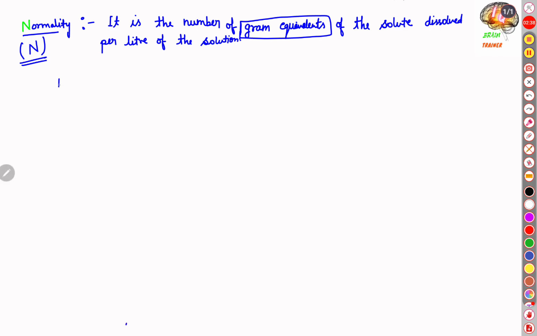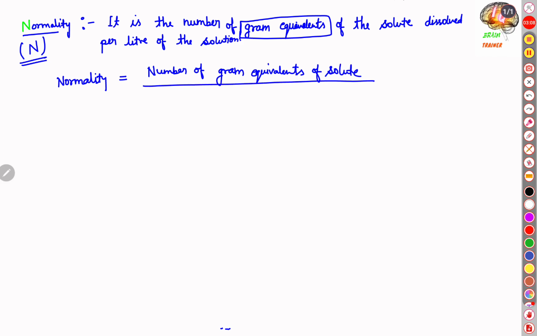Normality is equal to number of gram equivalents of solute by volume of solution in liter.